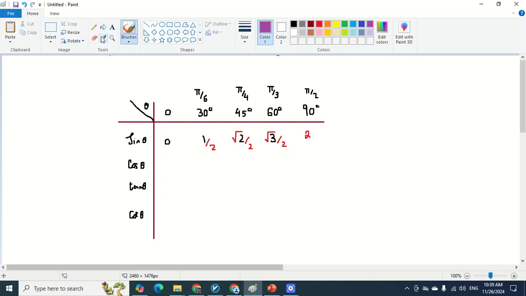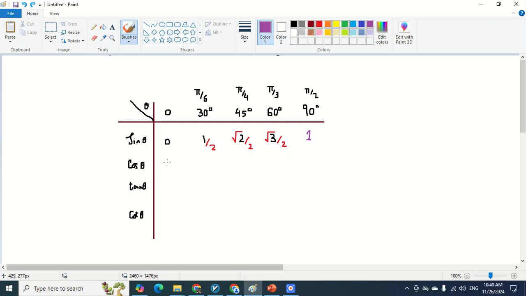I emphasize again that to calculate the values for the sine you put 0, 1, 2, 3, 4, take a root of all values and then divide by 2. Now we have the values for the sine. To calculate the cosine values, just swap the places, interchange them: 1 goes to the place of 0, root 3 over 2 takes the place of 1 over 2, and root 2 over 2 remains in the middle.